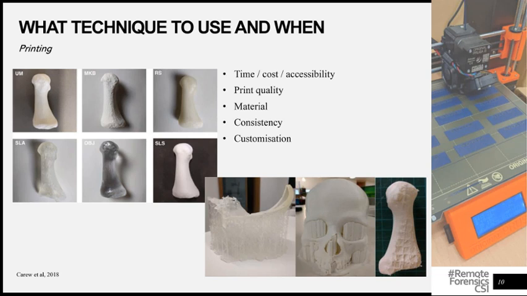Print quality, time, cost, and accessibility also depend on your material. So there's lots of different materials. Again, in this same paper, Rachel looked at using the different techniques, which all require different materials.